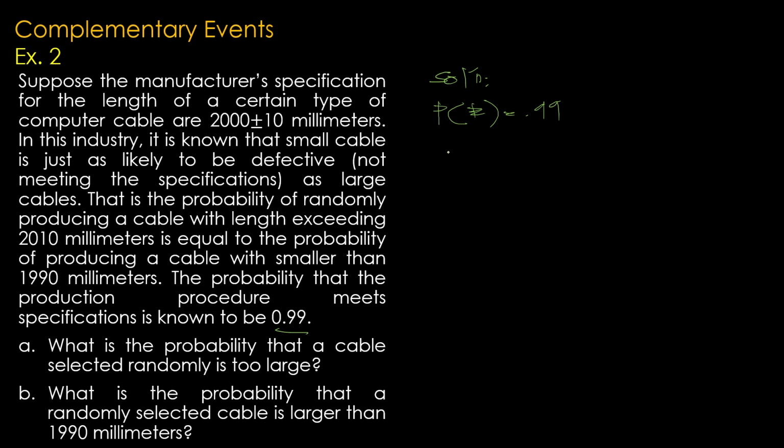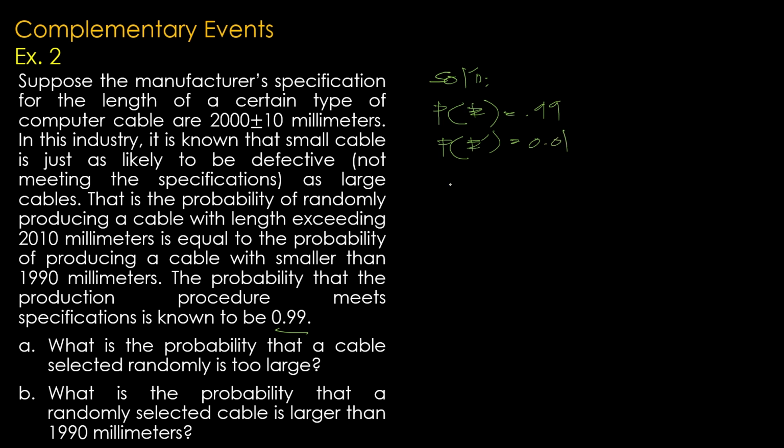Therefore, the probability of getting a not exact cable: the probability of getting an exact computer cable is 0.99, so the probability of not exact, or the complement of E, is 0.01.